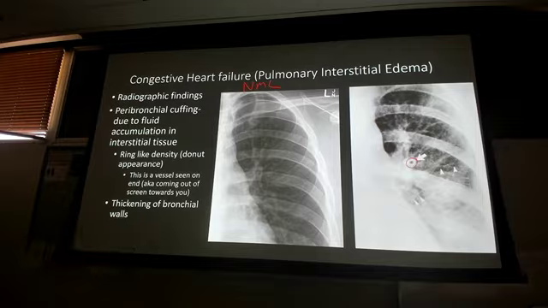And what that is, is the fluid in the interstitium that has leaked out and is now sitting around that bronchiole, so now it stands out. And it's not because the bronchiole is standing out, like the bronchiole, there's nothing wrong with that right now. It's the fluid in the interstitium that surrounds the airway that now makes it more prominent. Peribronchial cuffing, cuffing around the bronchiole, right?